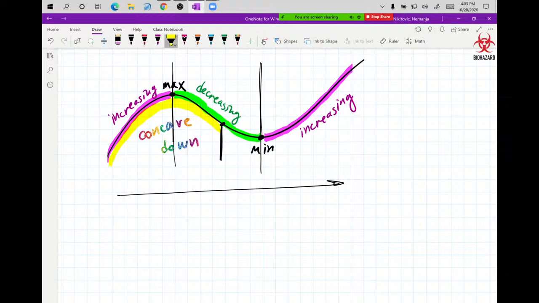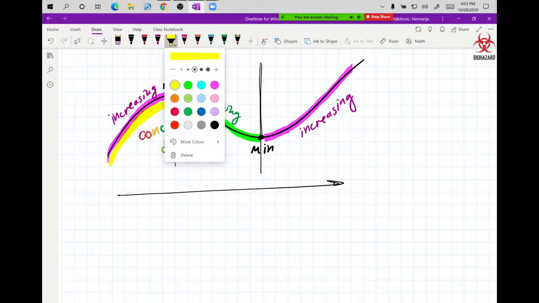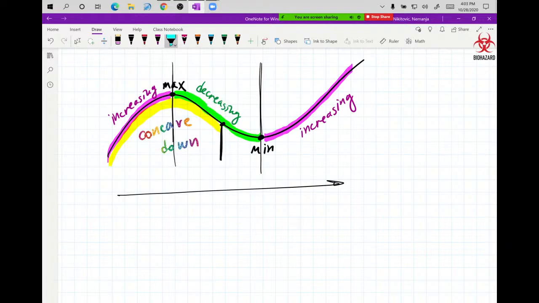And on the other side of this point would be a cup which opens up. How about this ridiculous blue. And this would be concave up. So one spills the water, one holds the water, right? The cup which opens up will hold the water.